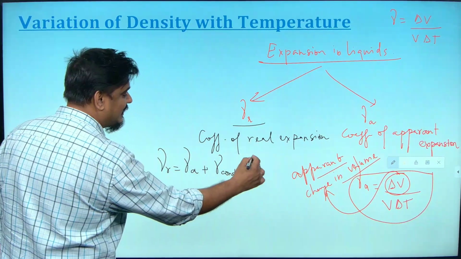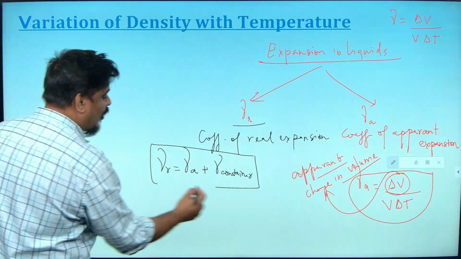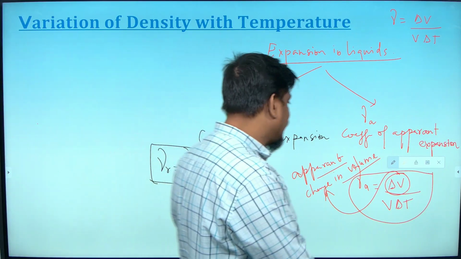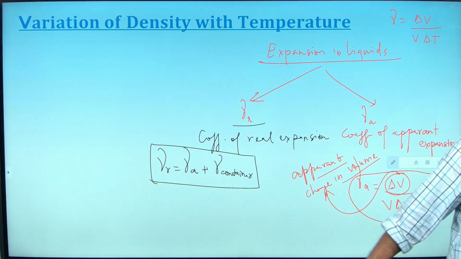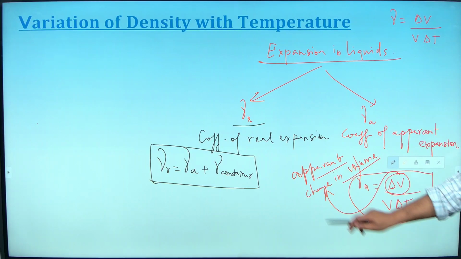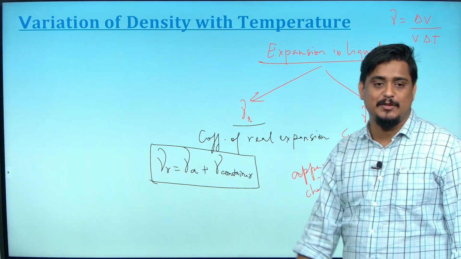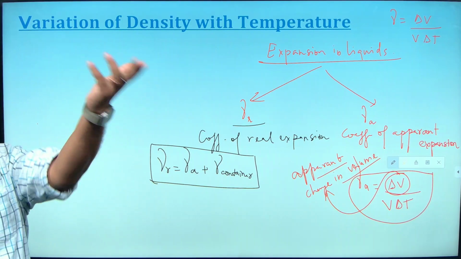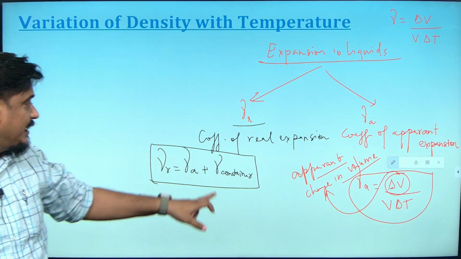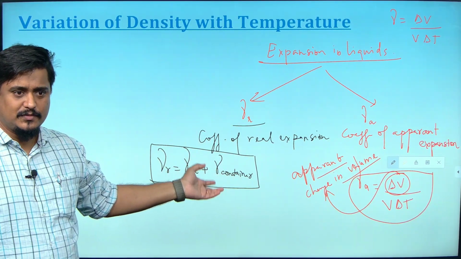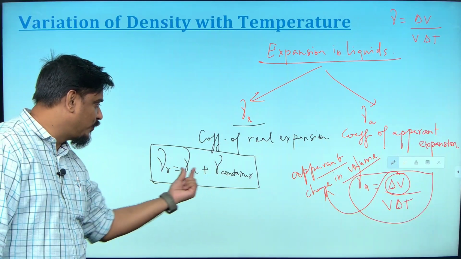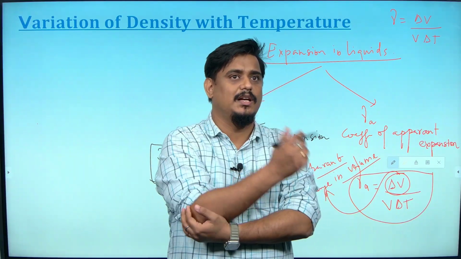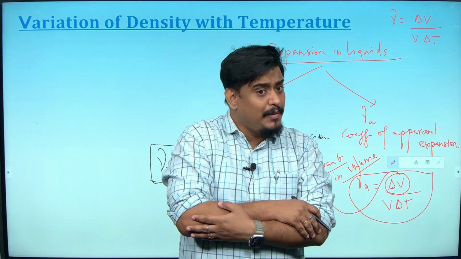This formula will be used in competitive examinations more, not in school exams much. Remember that the coefficient of real expansion of liquid is the coefficient of apparent expansion added with the volumetric coefficient of expansion of the container, which is solid. If you add both these coefficients, you get the real expansion coefficient of the liquid. It will be a higher value.